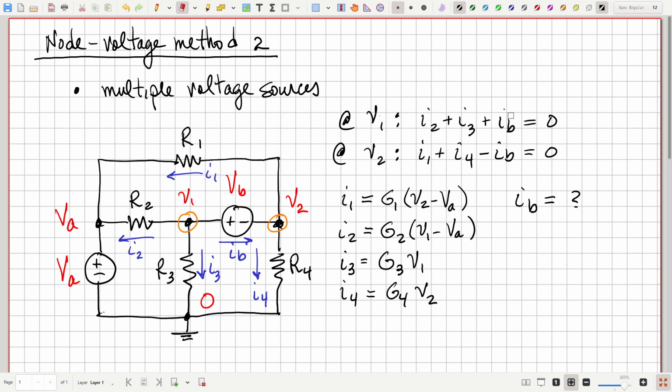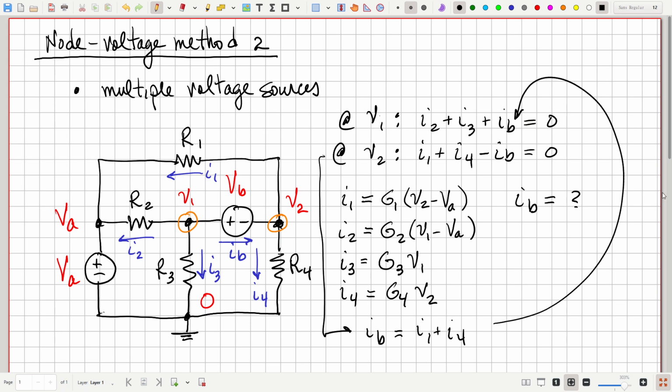Well, we could look at these equations and say, well, let's see. We could solve one of these equations for IB. For example, we could take this equation, solve for IB. So let's do that here. We could say that IB, move it to the other side, is equal to I1 plus I4. Okay? And then we could substitute that into the first equation.